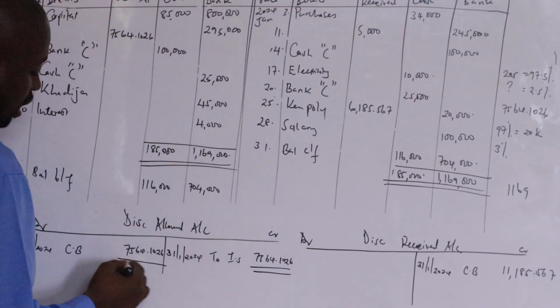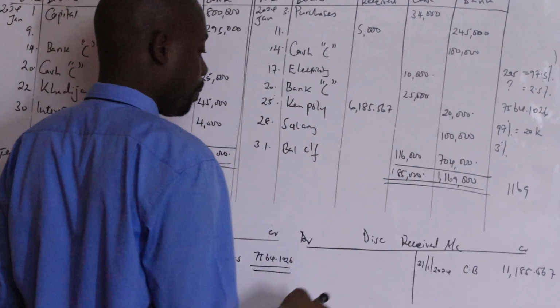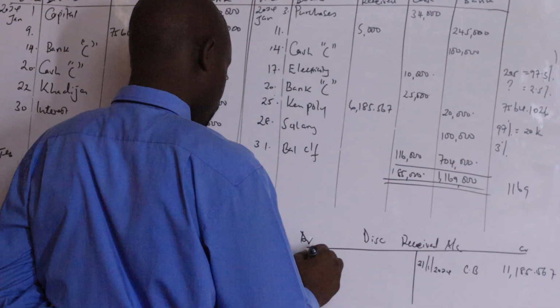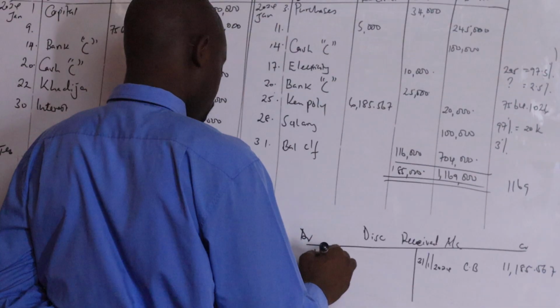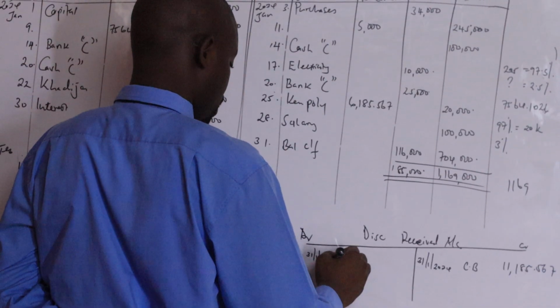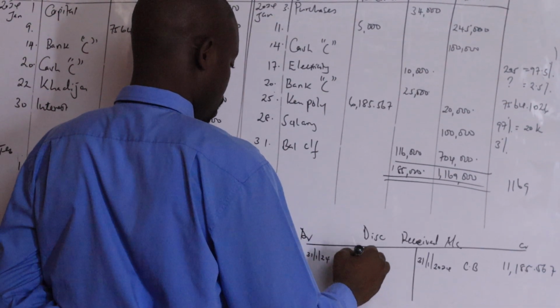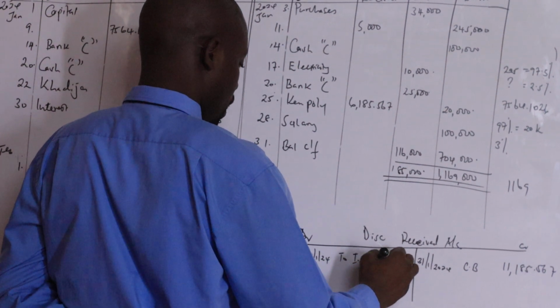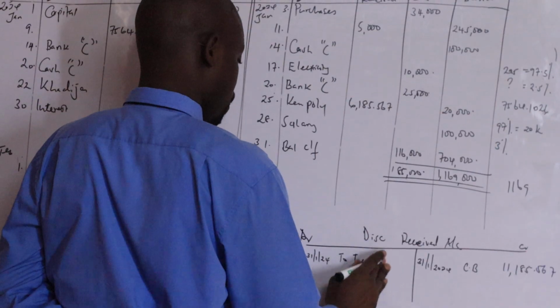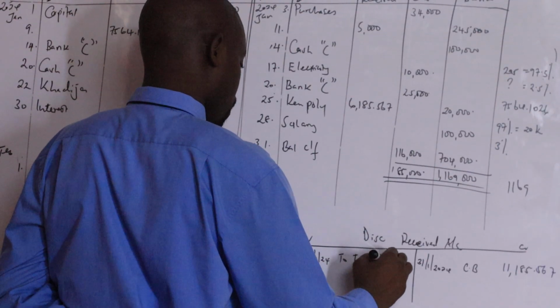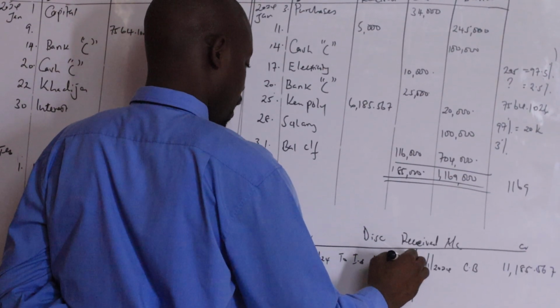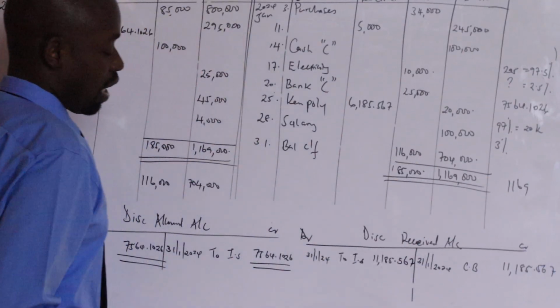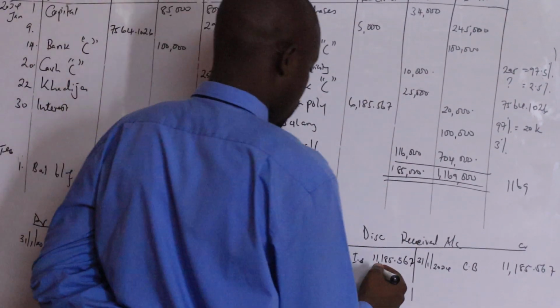So I've closed that account. This other one, same thing, 31st January 2024, to income statement, an amount of 11,185.567. That's how I record it, then I foot it.